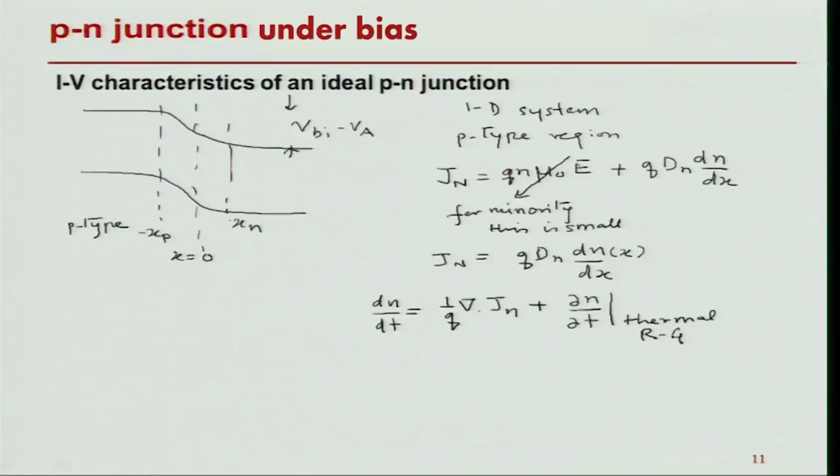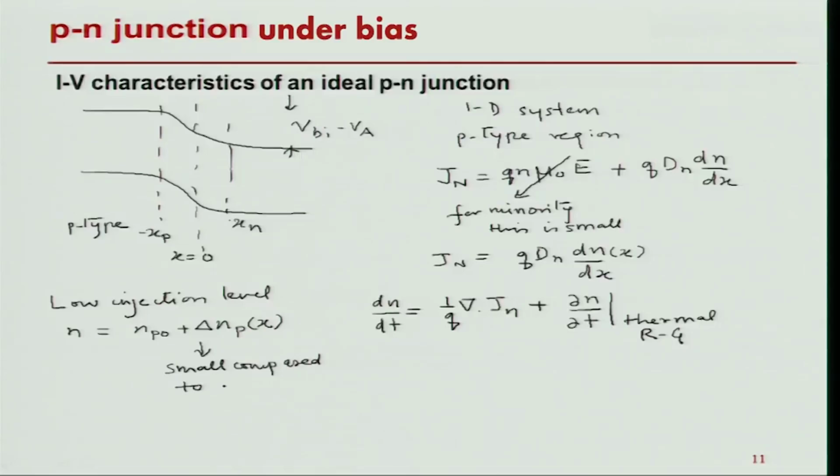Now, immediately we can use the assumption of low injection level, which basically means that n is given by the equilibrium concentration in the p type plus the excess concentration in the p type, which is a function of x, and this is small compared to the majority carrier concentration.